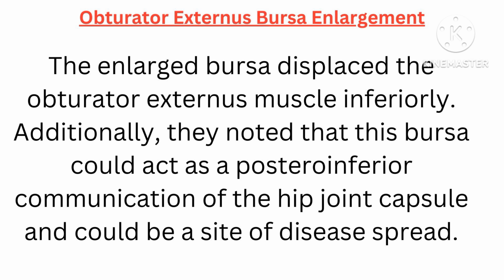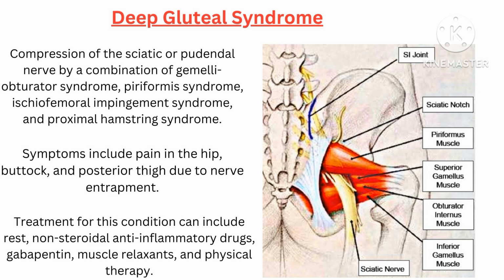They found that in all 10 patients, the enlarged bursa displaced the obturator externus muscle inferiorly. Additionally, they noted that this bursa could act as a postero-inferior communication of the hip joint capsule and could be a site of disease spread.